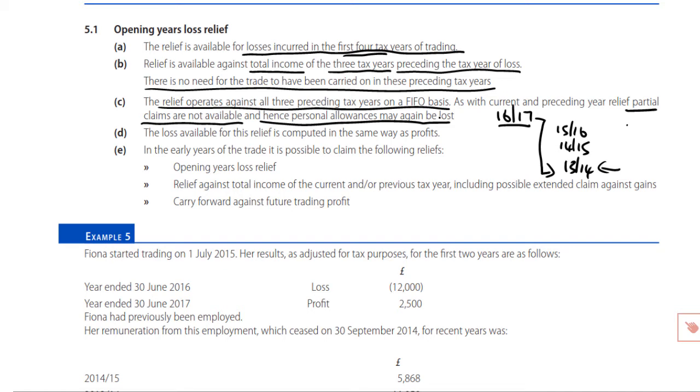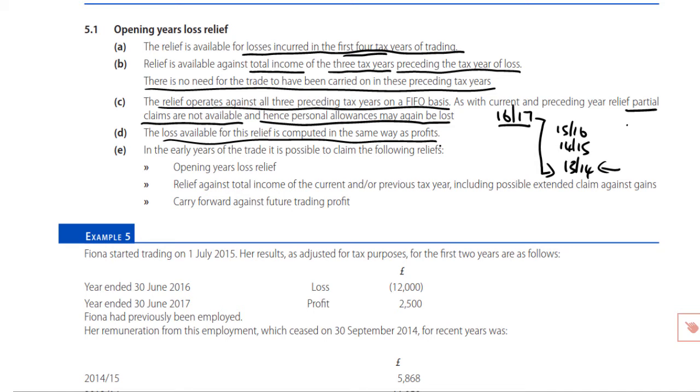As we know from the example 4 that we did and the calculations performed there, the loss available for relief is computed in the same way as profits. Which tax year, what basis of assessment, what basis period, calculate using the loss, and if necessary any profits that fall in, what loss or net loss arises.